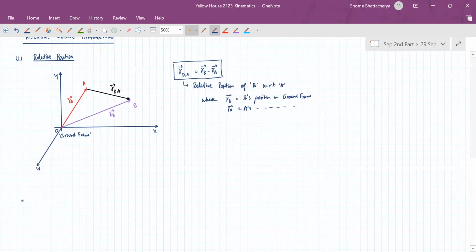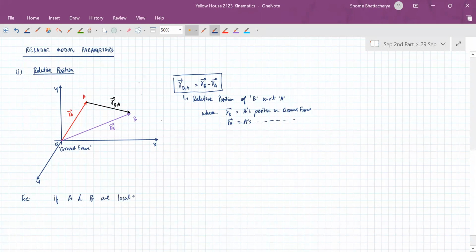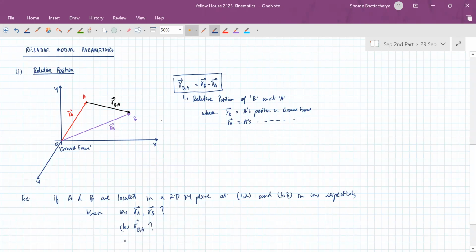For example, if A and B are located in a two-dimensional XY plane at positions (1, 2) and (4, 3) in centimeters respectively, then just apply this above definition. You will understand, practically speaking, how this works.